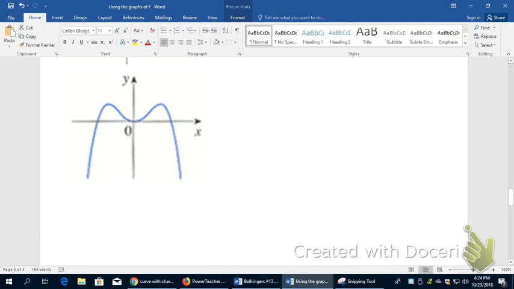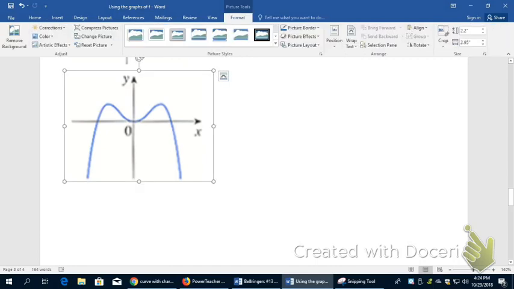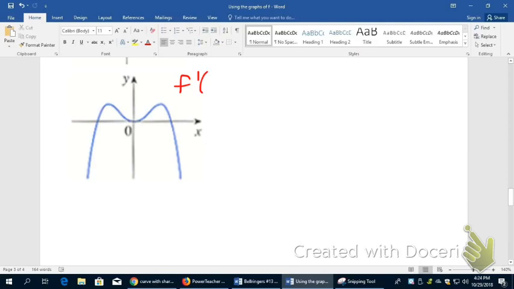Okay, we're going to let this graph here be f prime of x again. This will be our last f prime of x before we talk about f double prime of x. I noticed that the graph is above the x-axis all there, below the x-axis here.